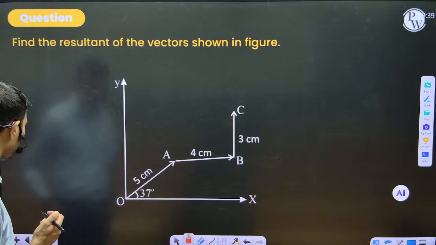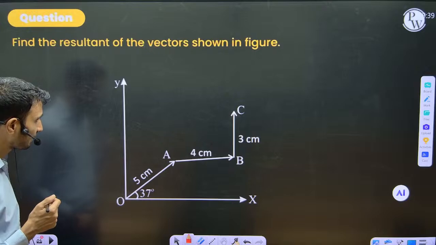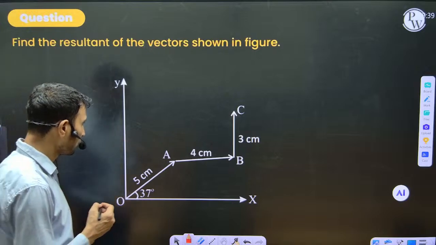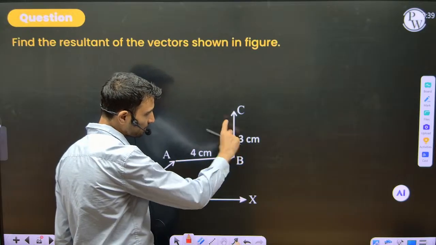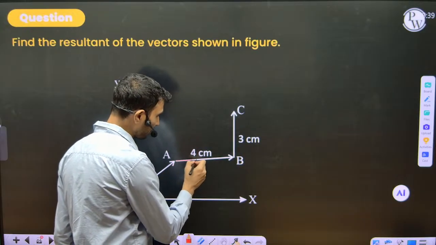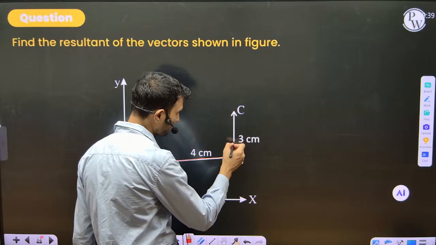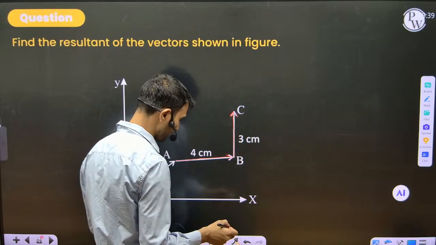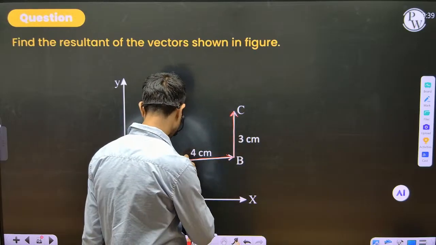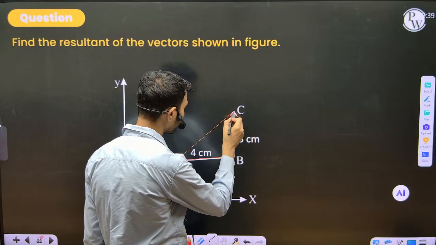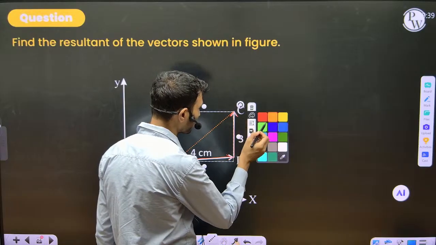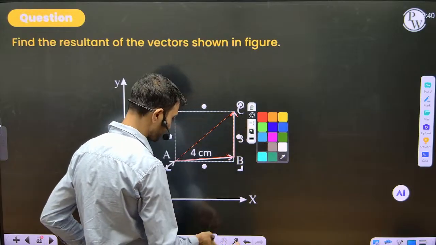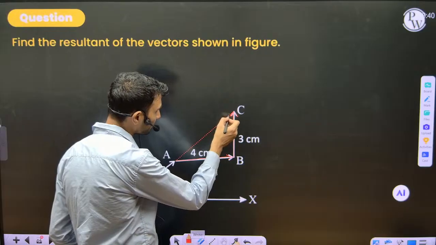So let's add them. What will be the addition of this AB and BC? I mean, what will be this plus this, guys? This plus this addition will be what? You understand? It will be this, right?